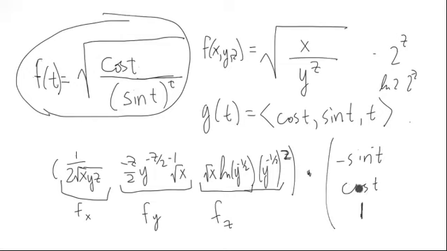Okay, so take a dot product of this and this, which I'm not going to do. But if you just plug in x is cosine, y is sine, and z is t, and take a dot product, that is the derivative. Hence, we got the derivative.